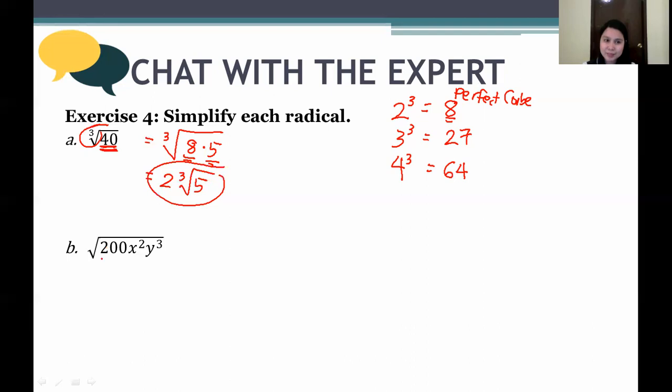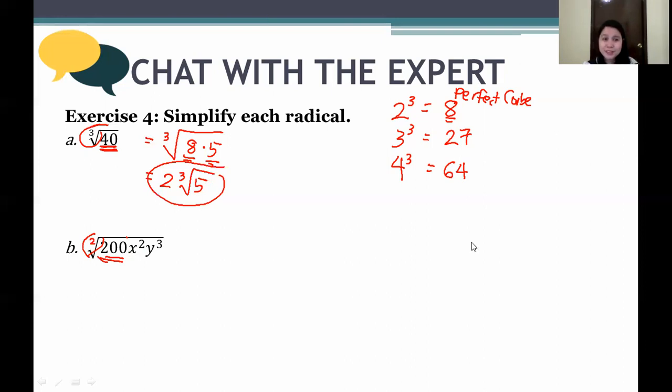The next one. Okay. What number? Oh, you look at the index. 2, right? The index is 2. How can we write 200 as a factor, with 2 factors, and 1 factor is a perfect square? In the chat box.